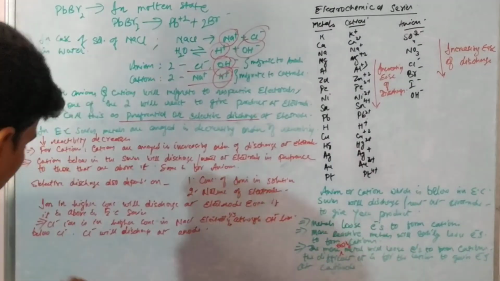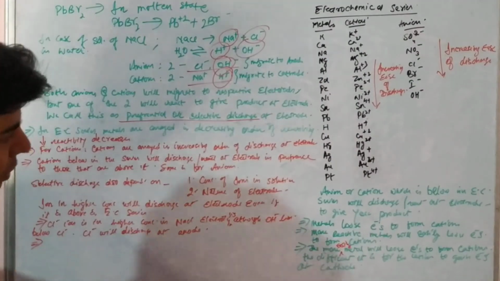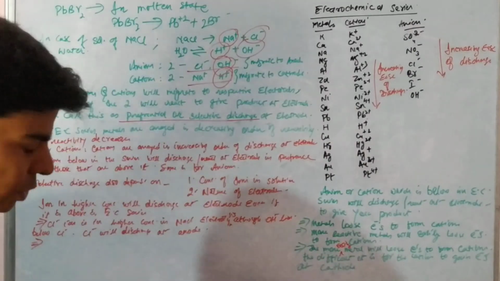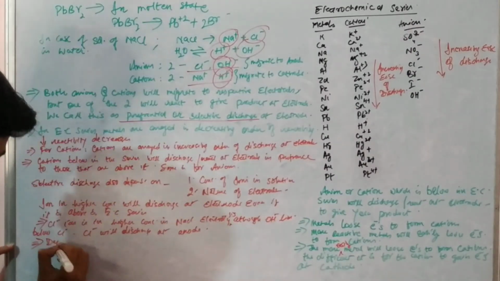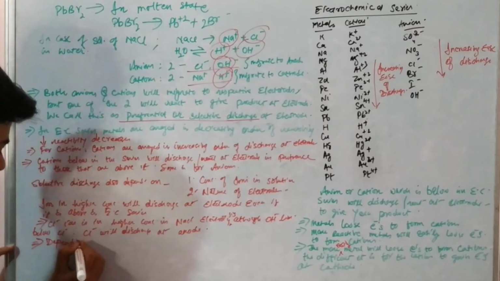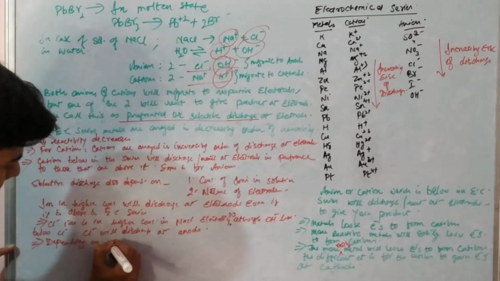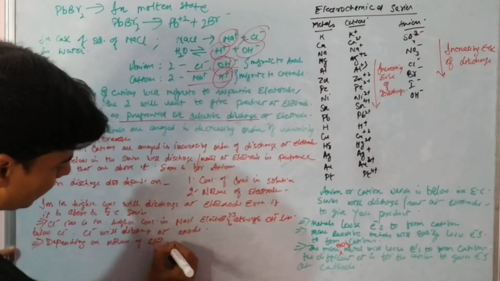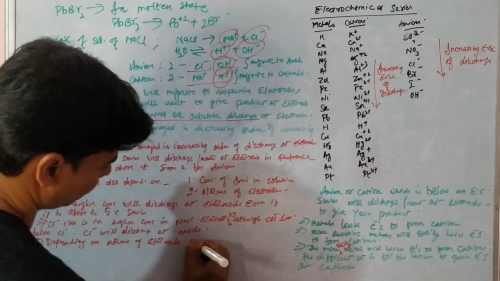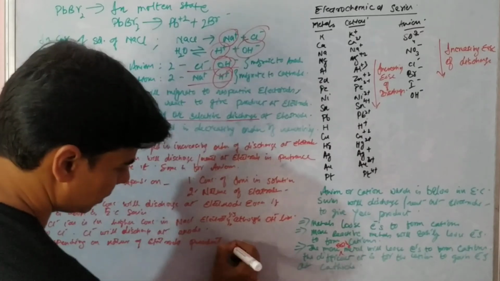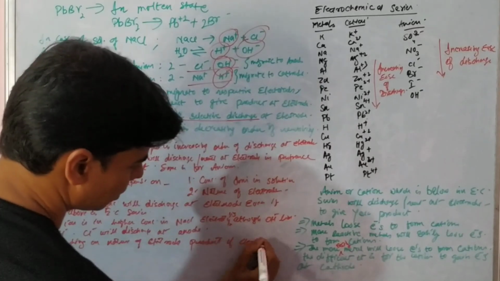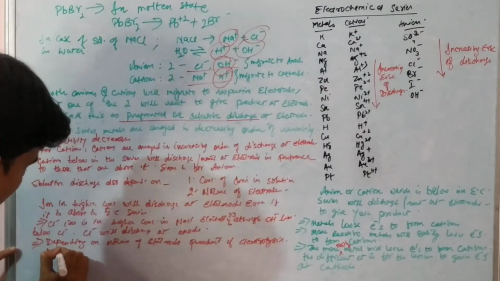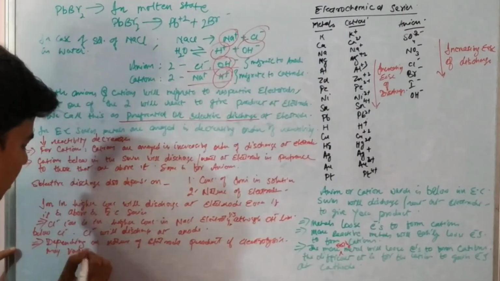And the nature of electrodes: electrodes are of two types. Depending on the nature of the electrode, the product of electrolysis may vary.